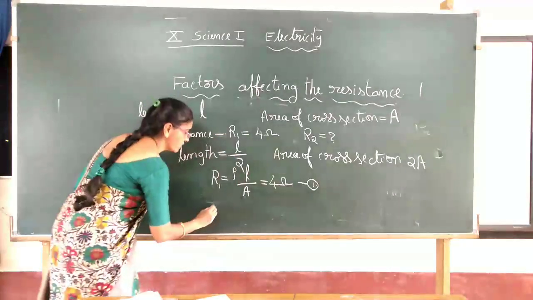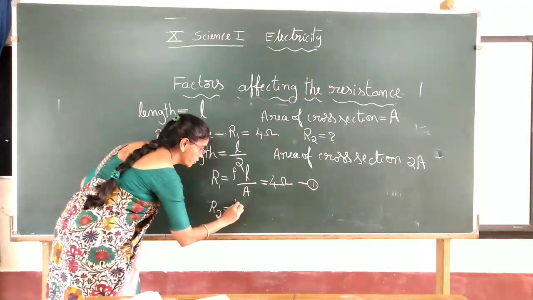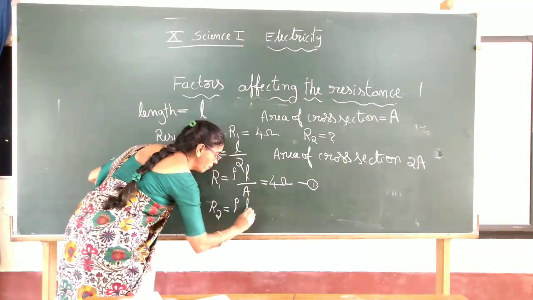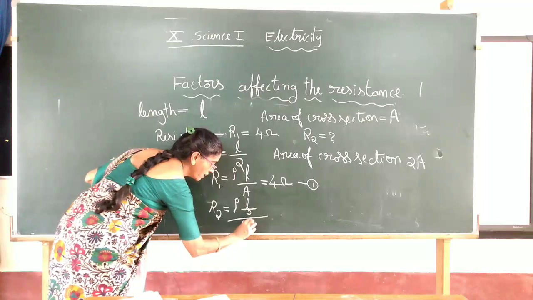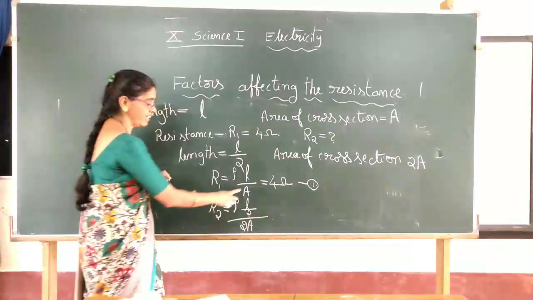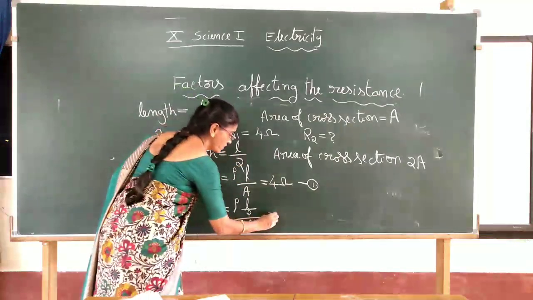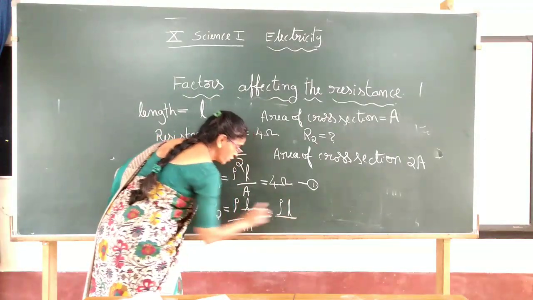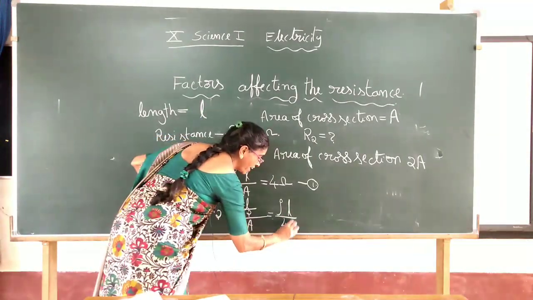Now the second equation: R2 is equal to rho into L by 2 divided by 2A, same material, so rho will not change. If you simplify this, it is rho into L over 2 into 2 is 4A.